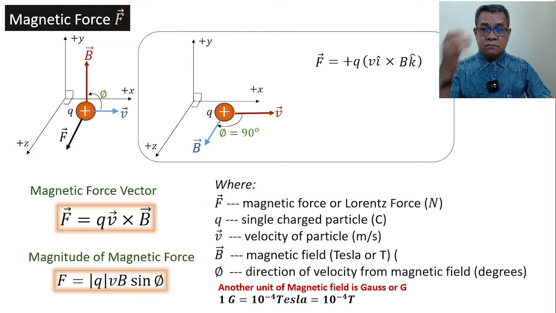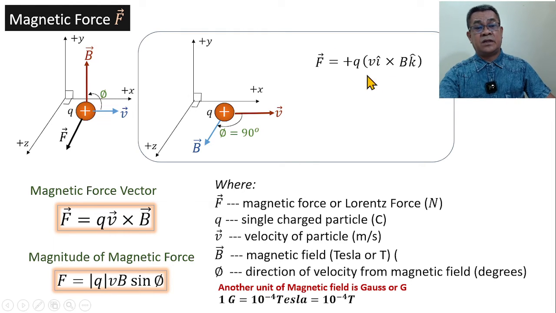The only purpose why we have this i hat is because we express the magnitude and direction of that velocity, because that is according to the problem. Okay, so also with the magnetic field times its unit vector, whose magnitude is 1, and this is directed towards positive z-axis, which means that if this magnetic field is directed in the reverse direction, then it follows that this is negative k hat.